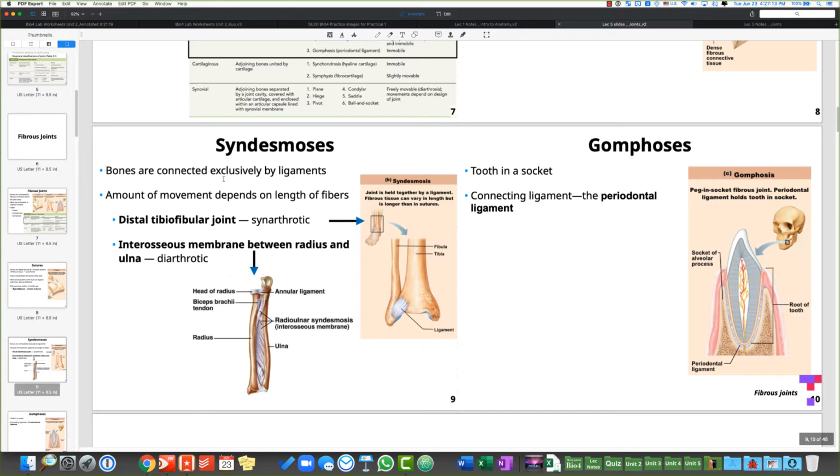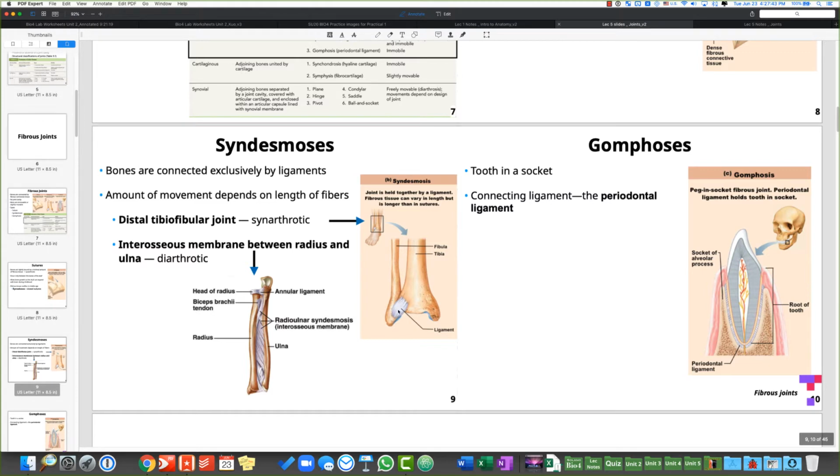In syndesmosis, those bones are connected by ligaments, and so there is a range of mobility depending on the length of those ligament fibers. In the distal tibiofibular joint, which is between the tibia and the fibula, on the end of those bones that are farther away from the point of attachment, that's why this is the distal joint.